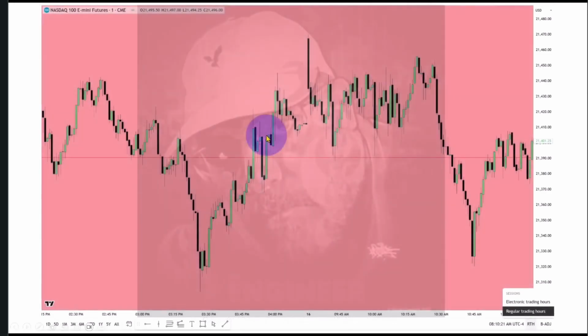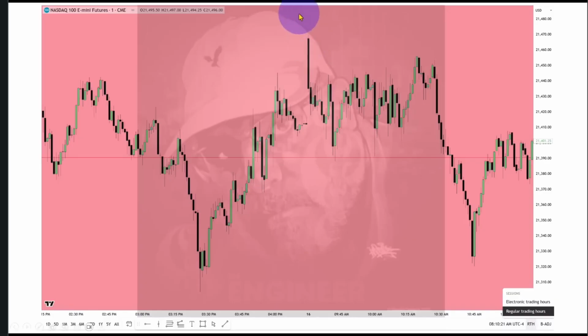Take a look in the lower right hand corner. You can see that the chart is now toggled to regular trading hours, RTH. So we're going to see the gap, the difference between the previous day's settlement price at 4:14 p.m. Eastern Time to where we open at 9:30 Eastern Time the very next trading day.